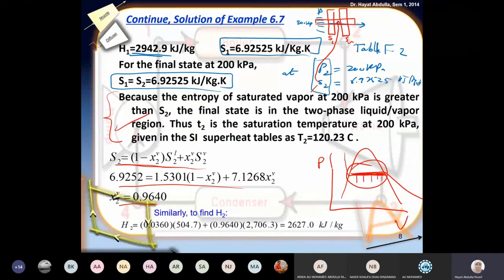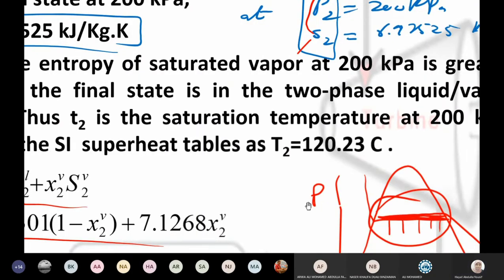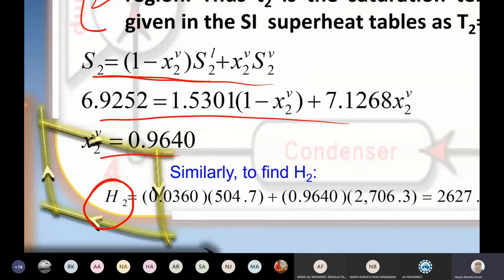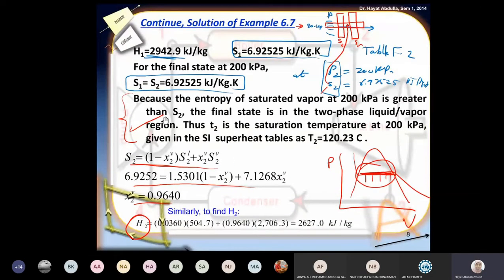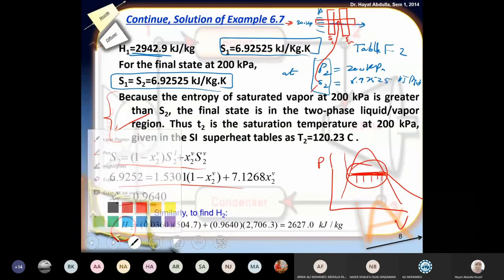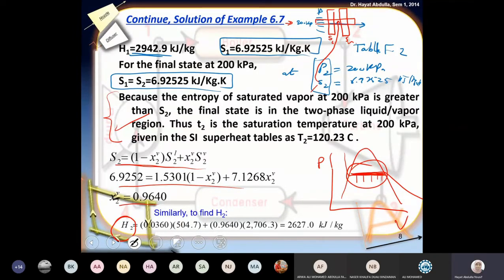What if I ask you, for example, to find the enthalpy at the outlet? To find the enthalpy at the outlet, again you will go to table F2 at 200 kilopascal. You will get H liquid and H vapor, then you will substitute in the equation.